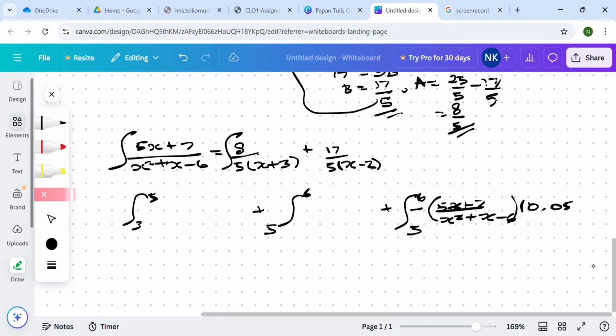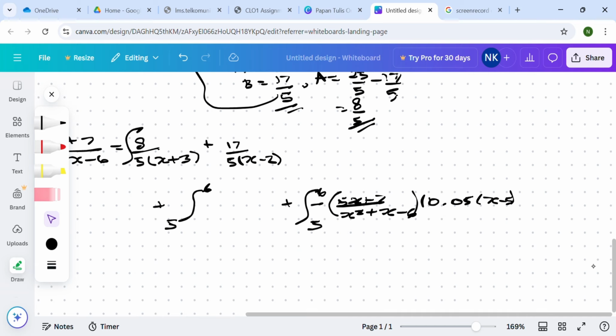Should be 0.05 times x minus 5, and we should leave this the way it is because it's hard to integrate.